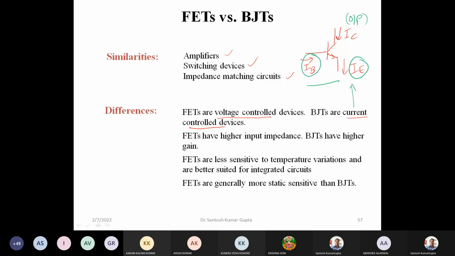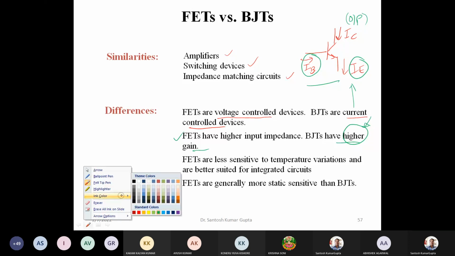FETs have higher input impedance, whereas BJTs have higher gain. Higher gain means maybe the voltage gain or the current gain. These are quite high for the BJTs, whereas FETs have higher input impedance.